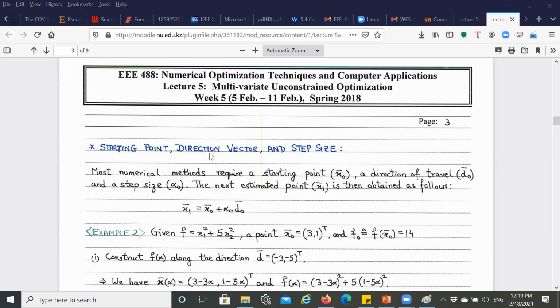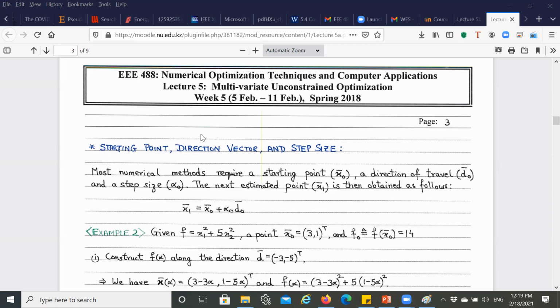I will give you definitions for positive definite, negative definite, positive semi-definite, and negative semi-definite shortly, okay? That's very important. You have to take notes. Otherwise, if it is indefinite, that means not positive definite or negative definite, then it is what is known as the saddle point, okay?